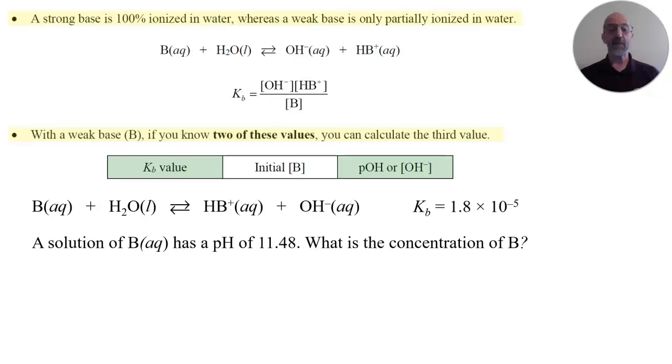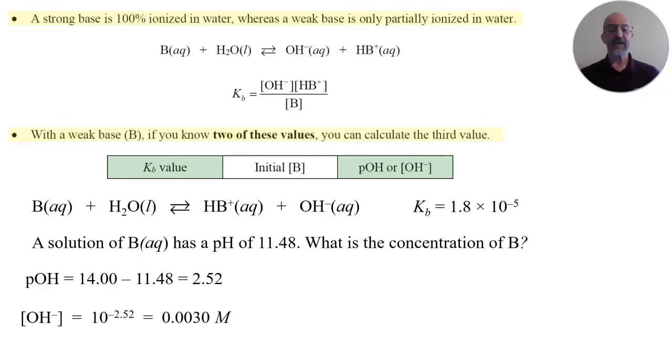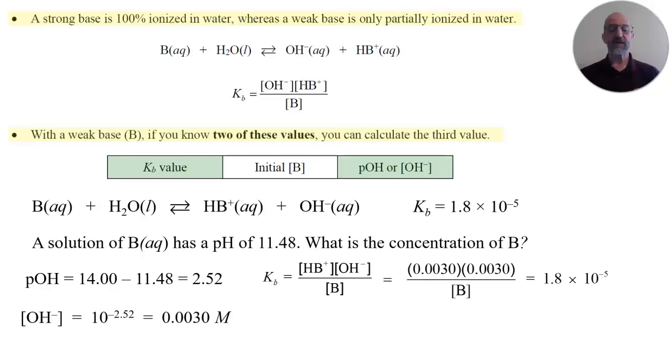So 14 minus 11.48 is equal to 2.52. Now the concentration of the hydroxide ion in solution is 10 to the minus pOH, so 10 to the minus 2.52. I will put that number, 0.003, into the numerator, and it's going to be the same as the concentration of the conjugate acid HB+.